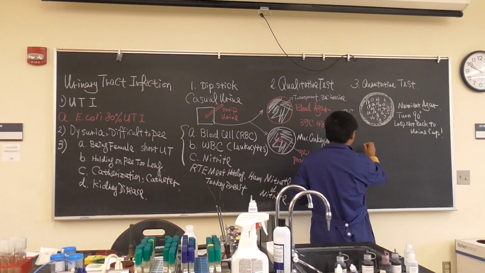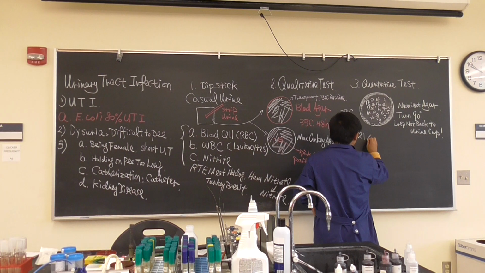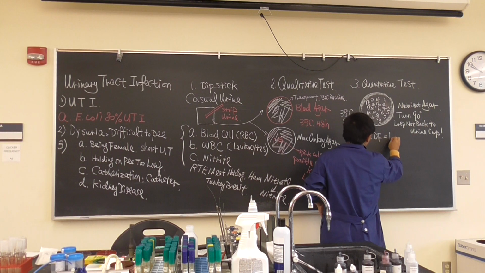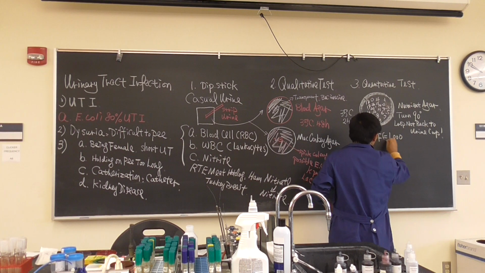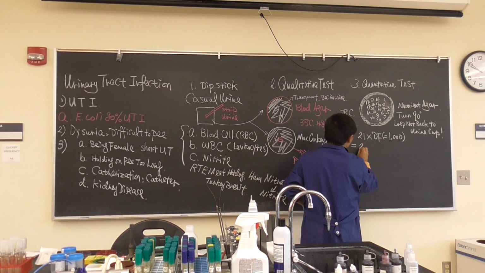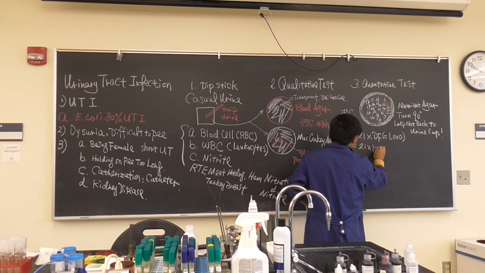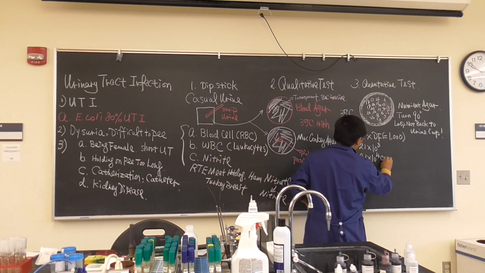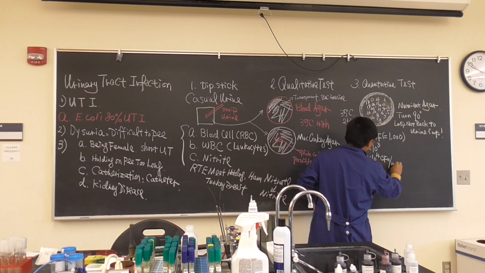The formula is 21 multiplied by the dilution factor. This dilution factor equals 1,000. So this total is 21 multiplied by 10 to the 3 equals 2.1 multiplied by 10 to the 4 CFU per ml.